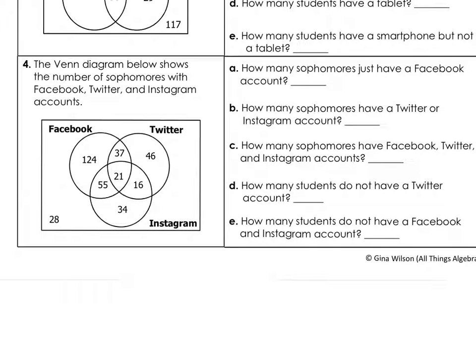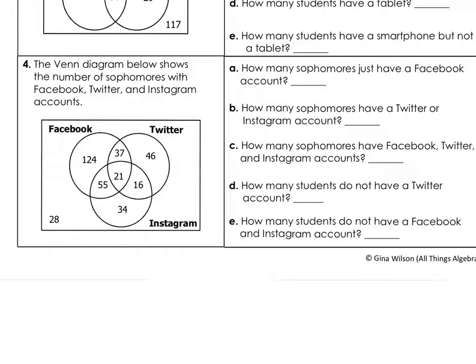Okay, so as we do these problems, I think it's best to try to shade in the areas that we're talking about. So the first one, how many sophomores just have a Facebook account? In that case, we're just dealing with this circle, but just have a Facebook account. We have to pay attention to that.